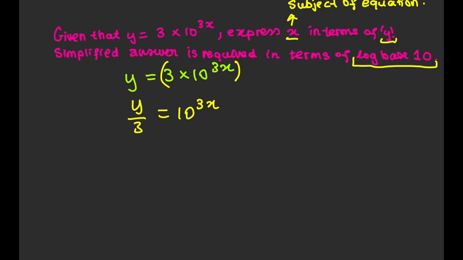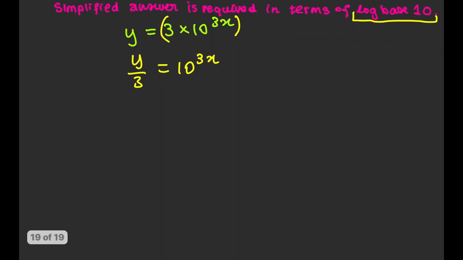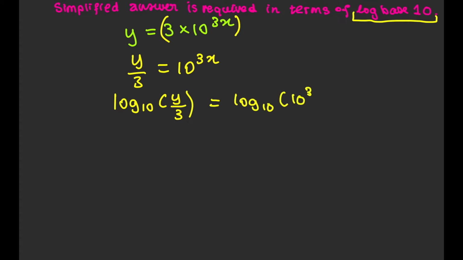So why not create two logarithmic expressions to make an equation? So we would say log base 10 of y upon 3 is equal to log base 10 of 10 power 3x. We can write this down in this format as they've mentioned log base 10.